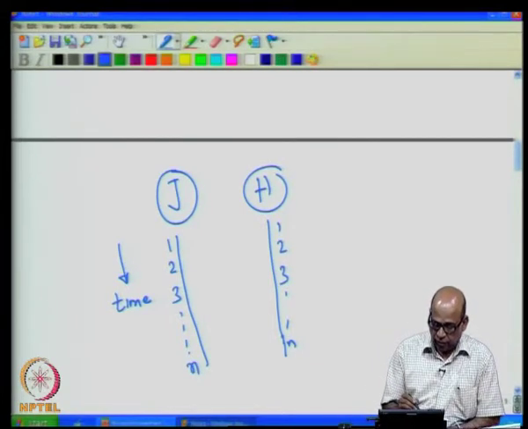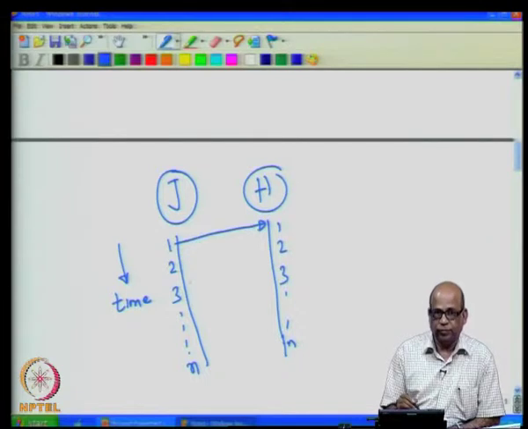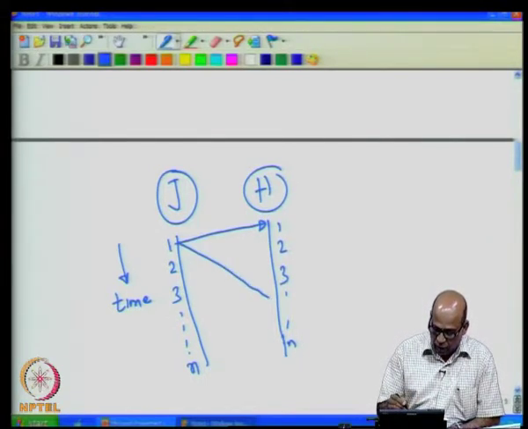In addition, they will have a cross correlation between this time period and the same time period on H, that is the lag 0 cross correlation. They will also have a lag k cross correlation. Let us say this is k time steps apart.